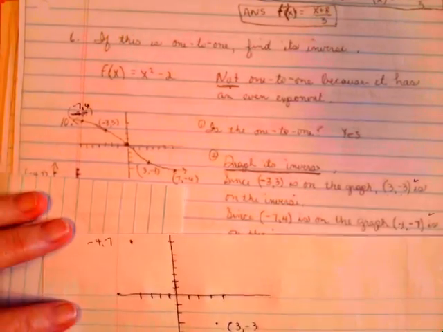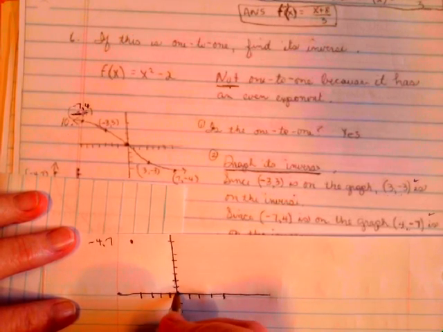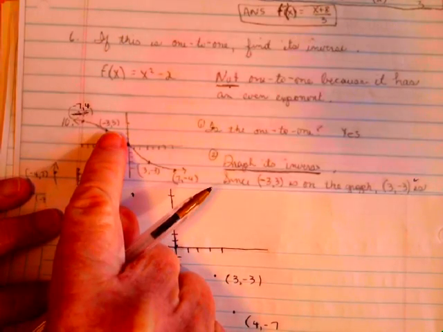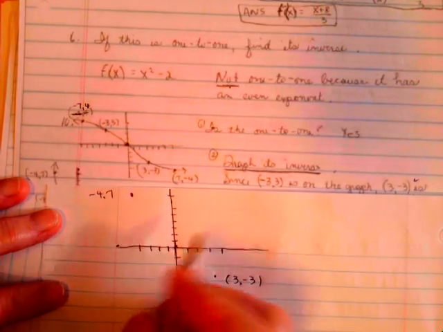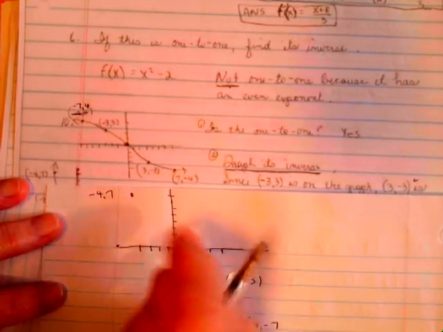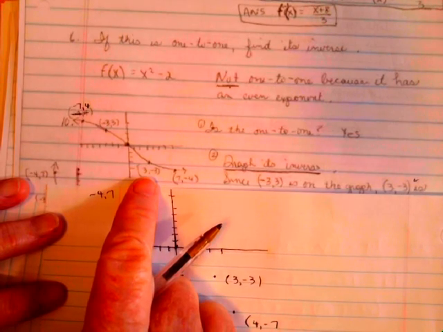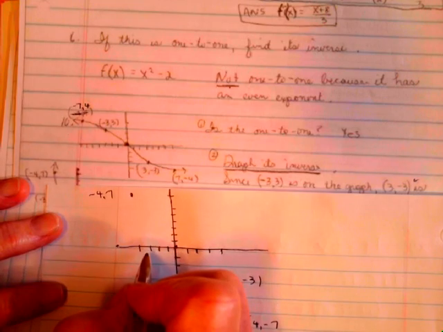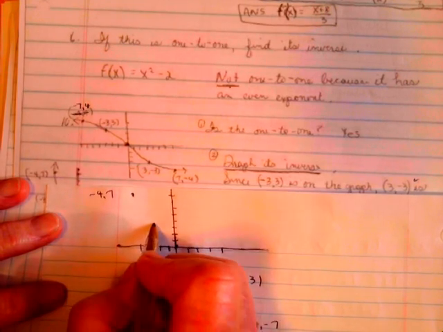Now 0, 0 is on the graph. 0, 0 is also on the inverse. Negative 3, 3 is on the graph, so 3, negative 3 I've got. 3, negative 3 is on the graph, so negative 3, 3 is on the inverse.